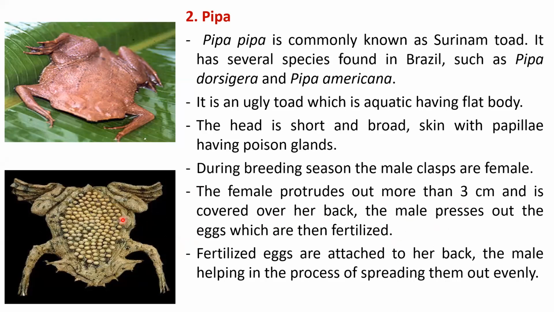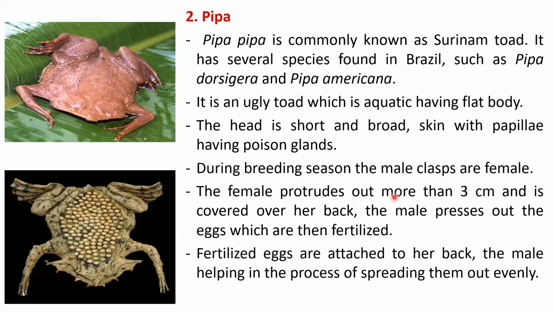Then the fertilized eggs are attached to her back. You can see in this picture the fertilized eggs present on the backside of this female frog. Then the male, as I told you, helps in the process of spreading them out evenly.